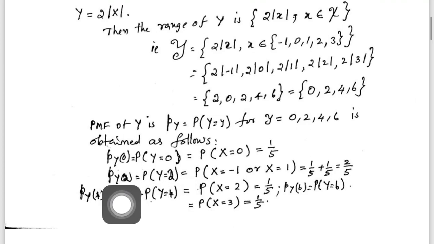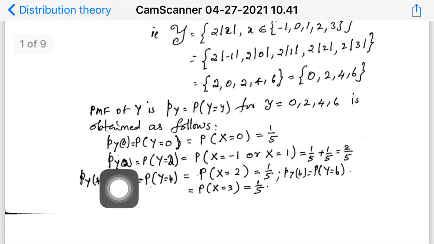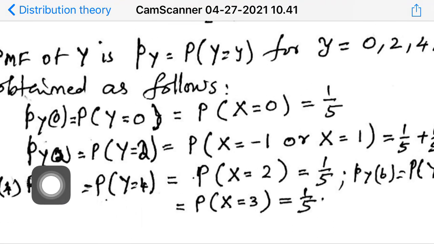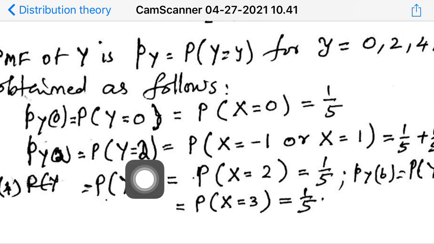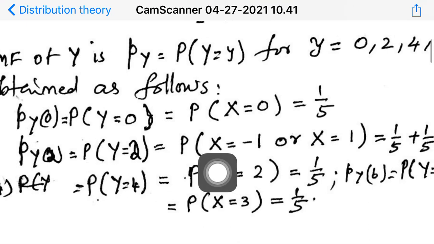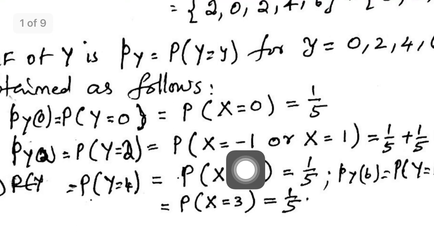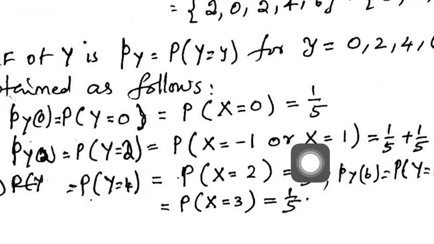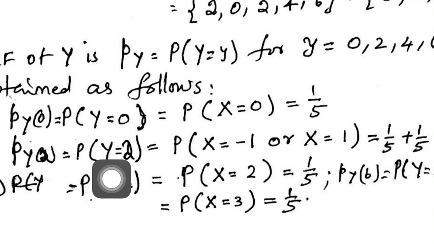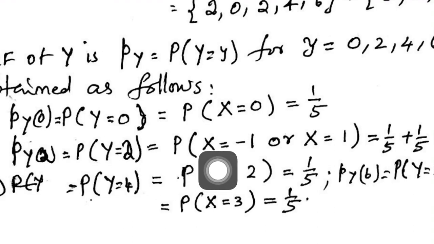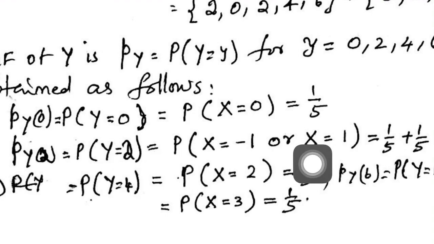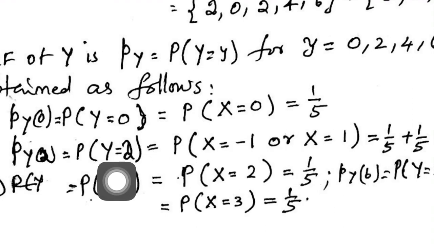Whereas the probability that Y takes the value 2, that is the probability that Y equal to 2, is equal to the probability that X equal to -1 or X equal to 1. So there are two possibilities for X, for which Y is equal to 2. When X takes the value -1, Y is equal to 2, and when X takes the value 1, then also Y is equal to 2.